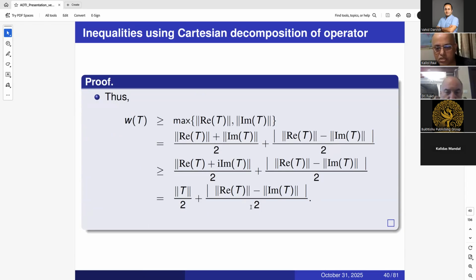So this is a simple application of that real number identity, which improves this lower bound of the numerical radius.